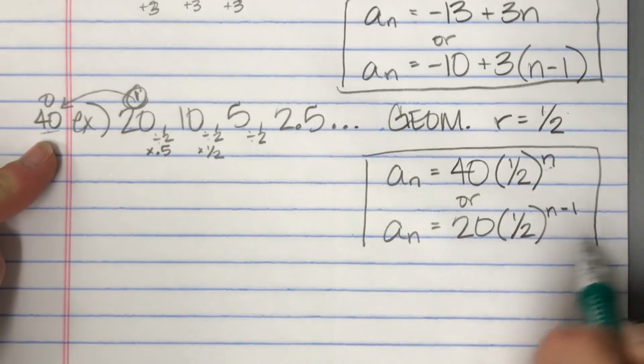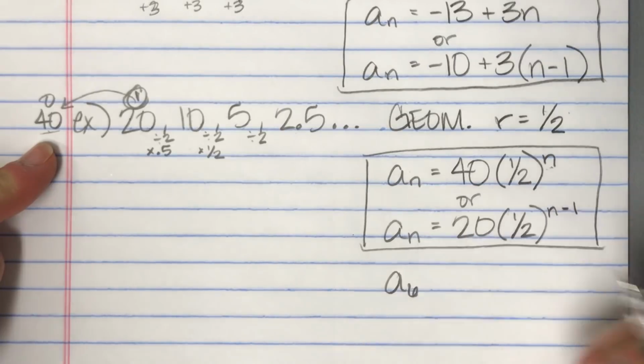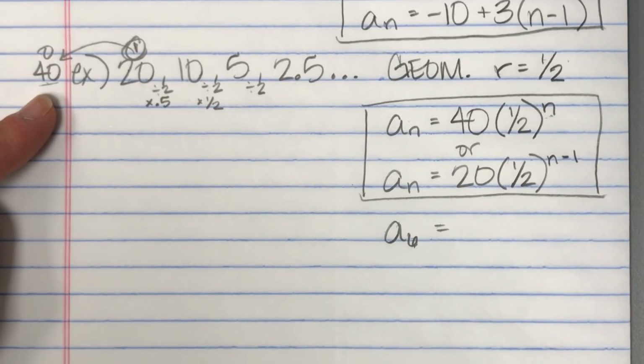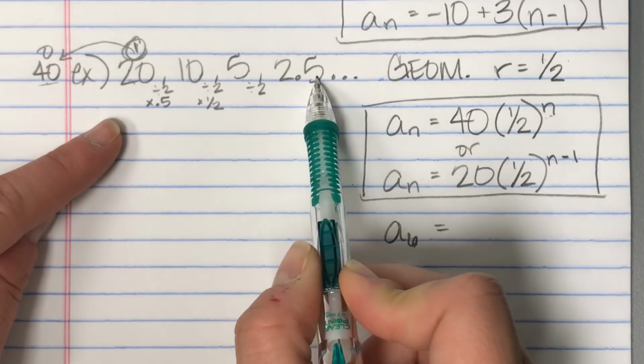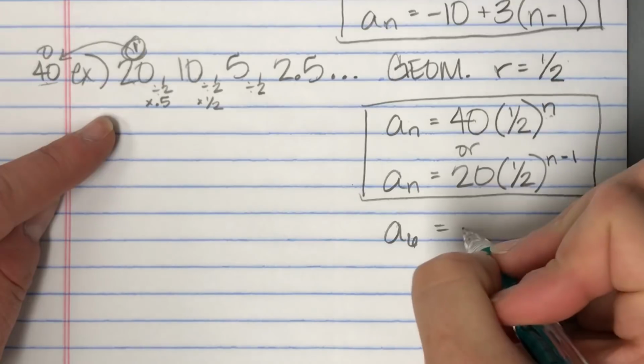If I ask you to find a value like a of 6, all that's asking you to do is find the 6th number in the list. And I want us to move away from saying, cut it in half, cut it in half, cut it in half a couple more times to get there. I want to actually use this formula.